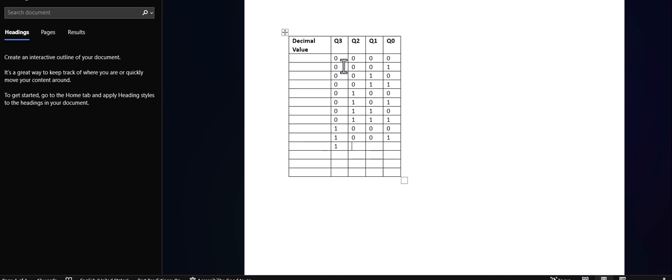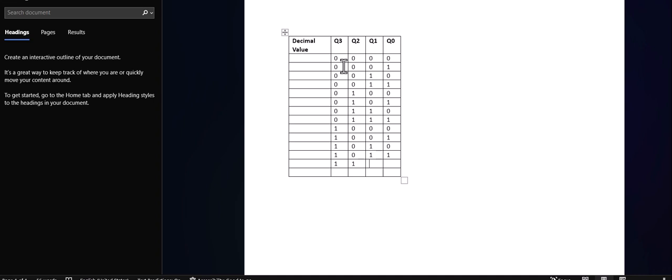And then 1 0 1 0, and then 1 0 1 1. Now notice Q1 and everything to the right of it is 1. So Q1 and Q0 are both 1. That means on the next step Q2 is going to become 1, and Q1 and Q0 will become 0.